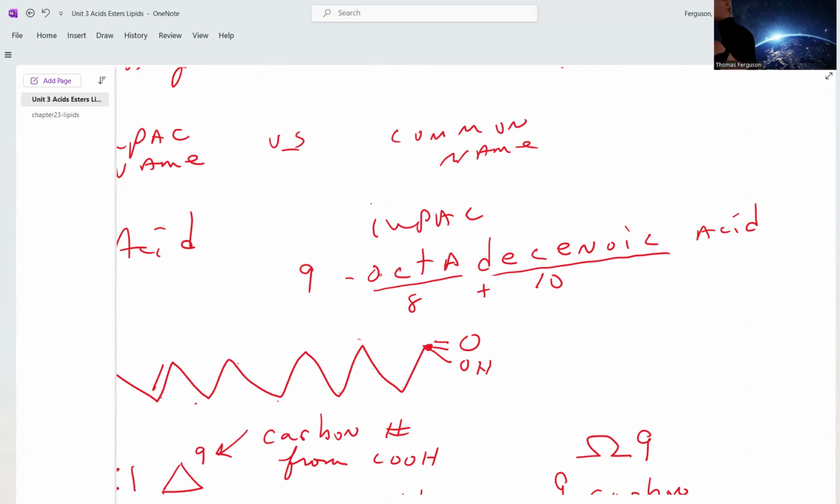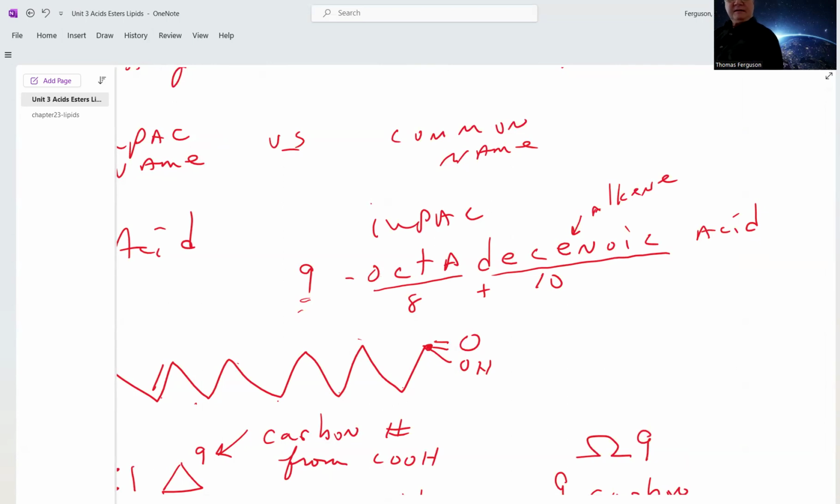And then it's going to have another prefix in front of that to say how many above the 10. So in the case of oleic acid, it's an 18 carbon acid. So it's going to be octadecenoic. Okay. Because that's an alkene. And it's at position 9, which corresponds to the delta.